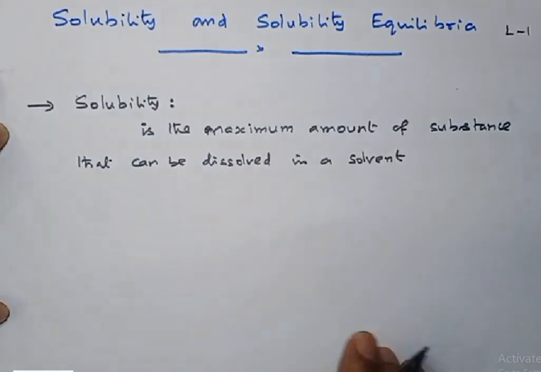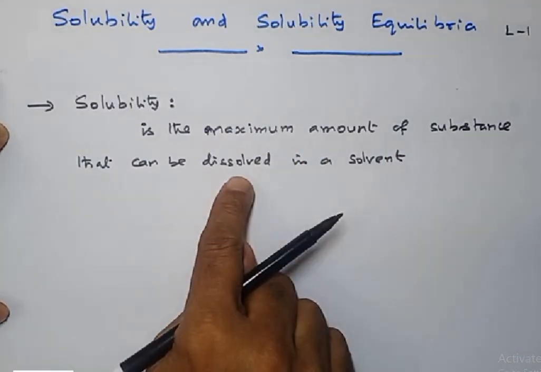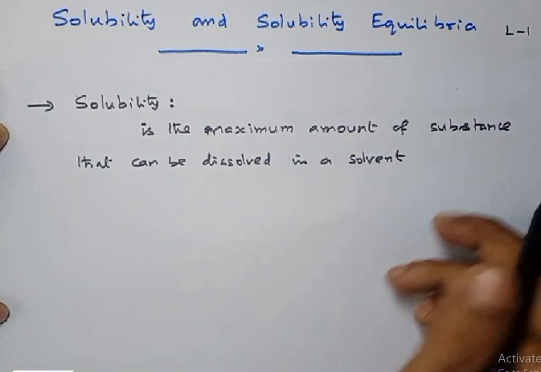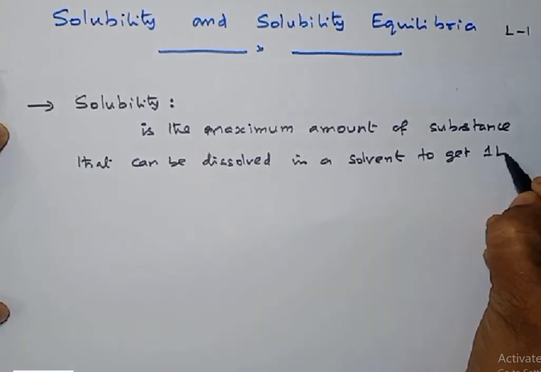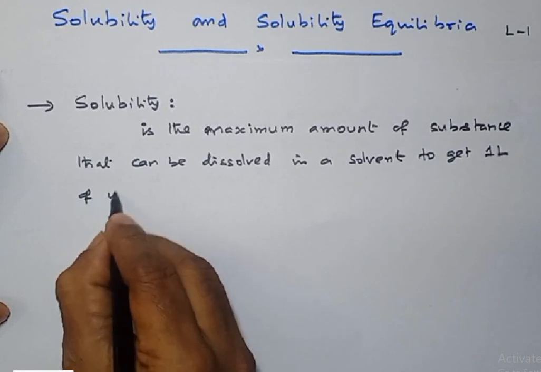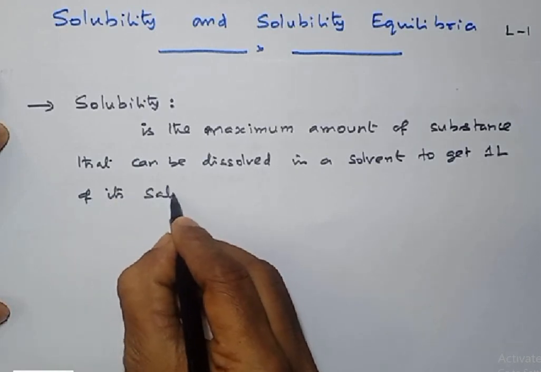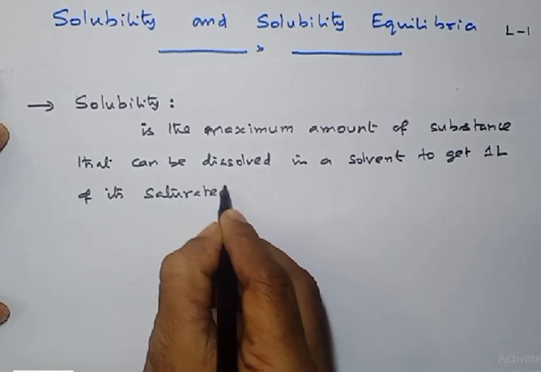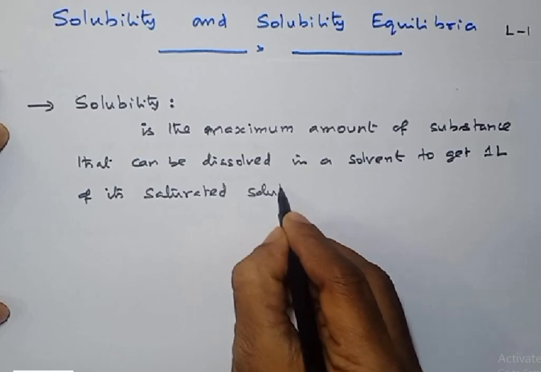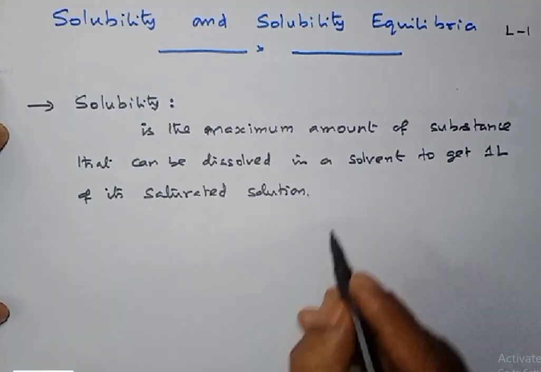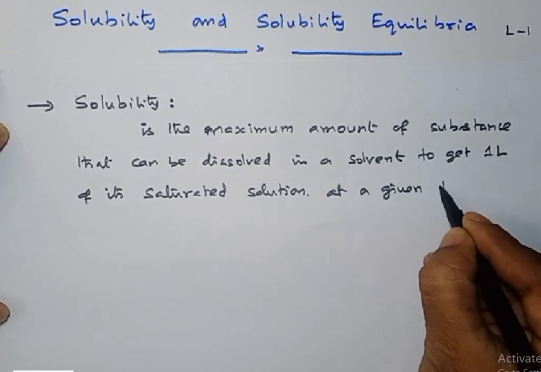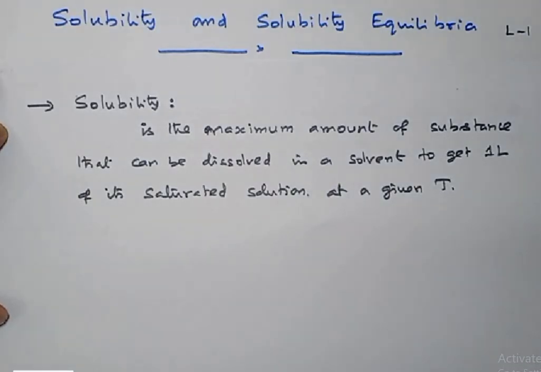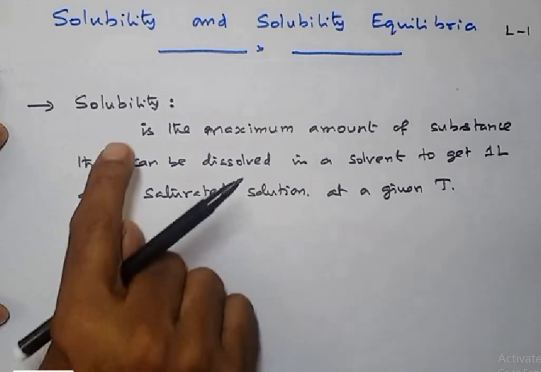It is the maximum amount of substance that can be dissolved in a solvent to get 1 liter of its saturated solution at a given temperature T.